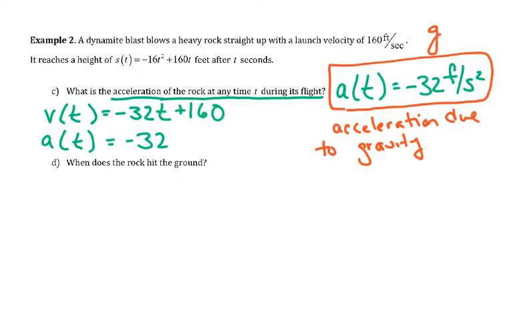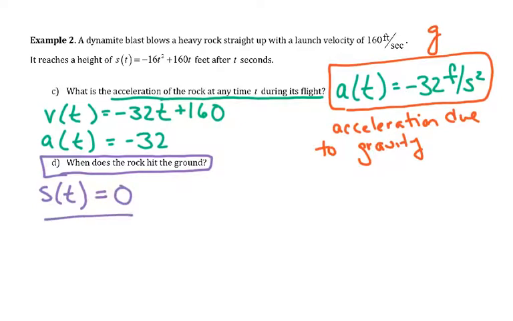And the last question, when does the rock hit the ground? Okay, well, what is s of t when the rock hits the ground? 0 feet, right? When you hit the ground, you're at 0 feet.